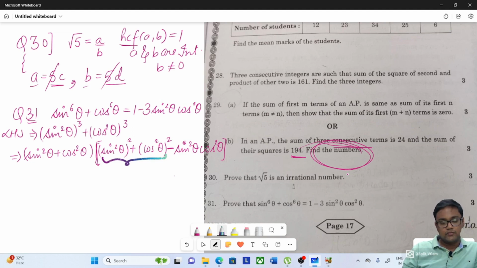adjust these two terms in a complete square by adding 2 sin square theta cos square theta and subtracting 2 sin square theta cos square theta from this term.